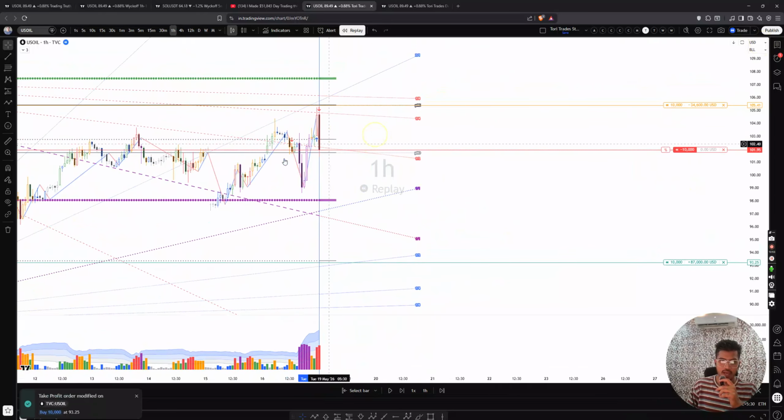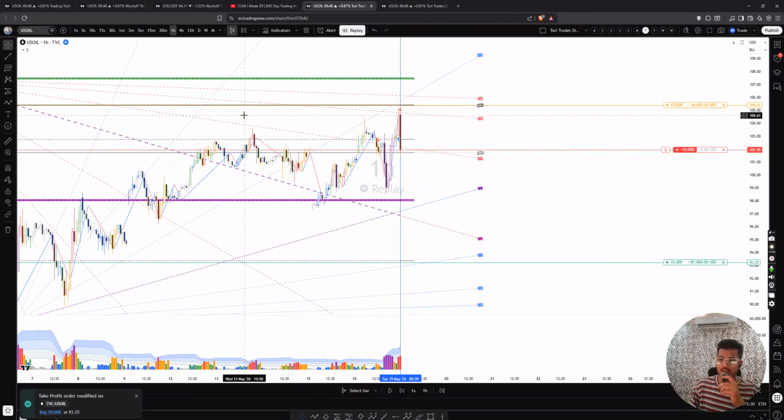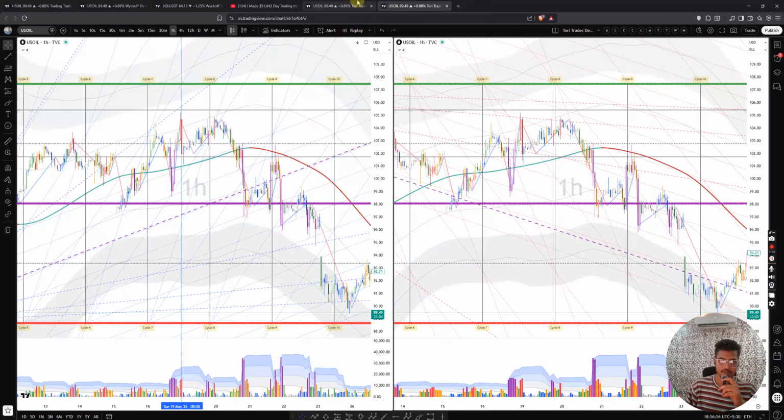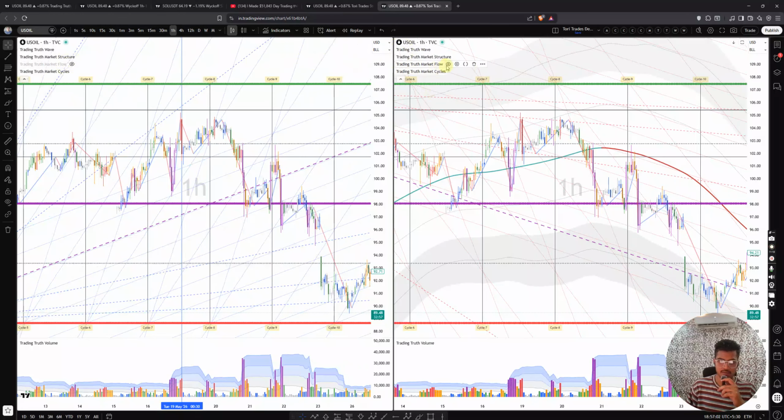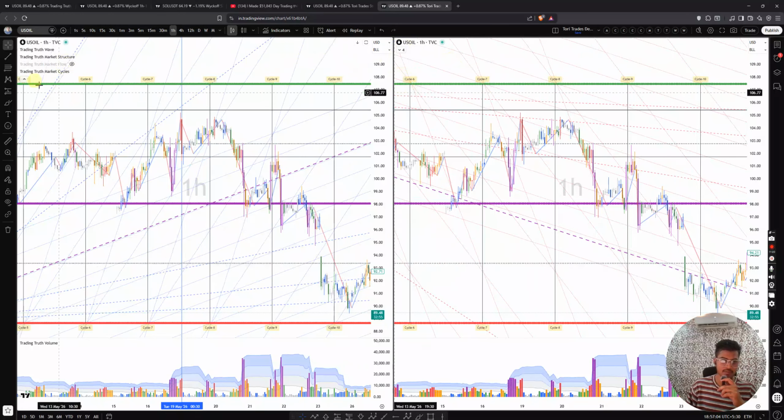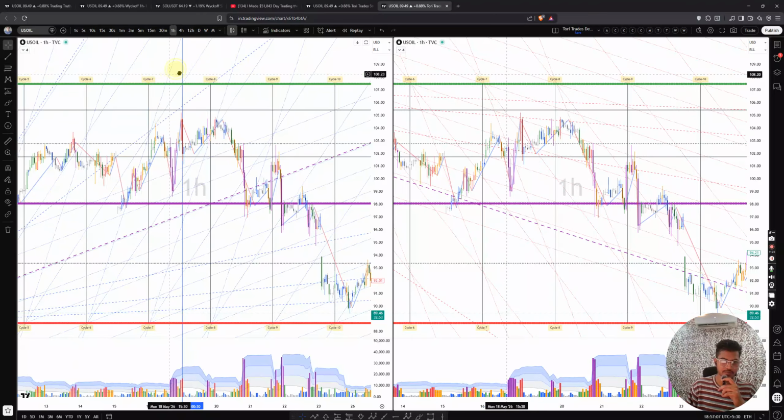Now, why I actually took this trade here is, as we have market structure, we have market cycles. The market actually goes in cycles, like monthly cycles and daily cycles. So what I wanted to show you here is the market cycle. This is the same chart.